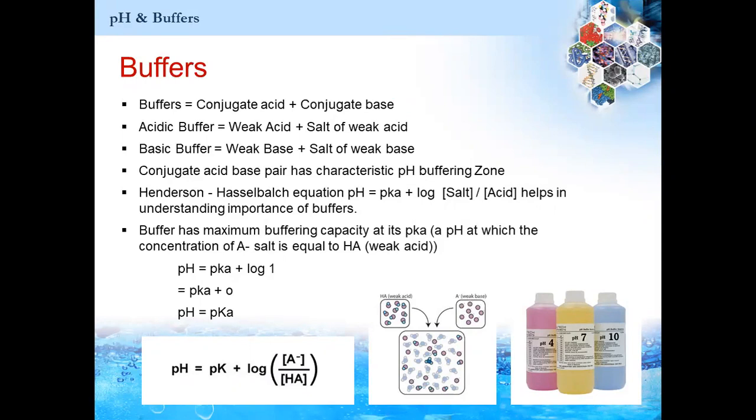In case of a basic buffer, we have one of the components as a weak base and the second component is a salt of that weak base. This conjugate acid-base pair has a characteristic pH buffering zone. That is why in preparing buffers, we always take only these two components.